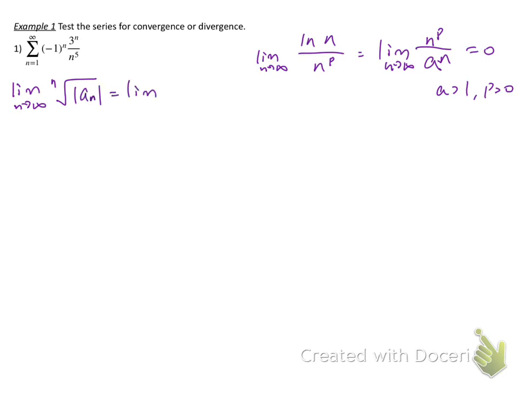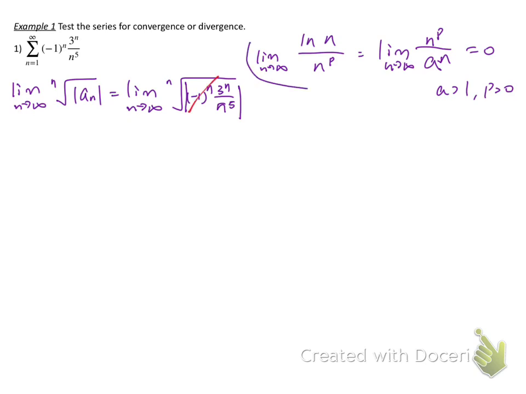That will be the limit as n approaches infinity, nth root of, actually (-1) to the nth power after taking the absolute value will be dropped. So we don't really need that. Let me use red. That's 1, right?